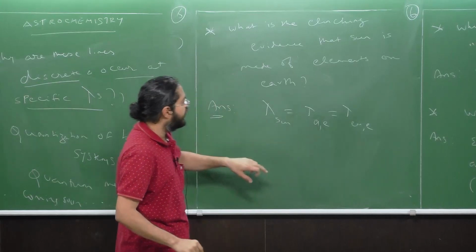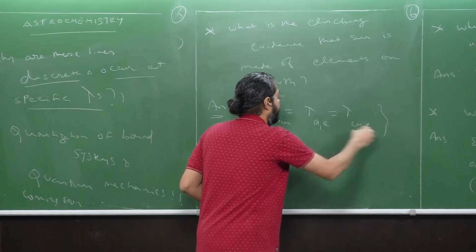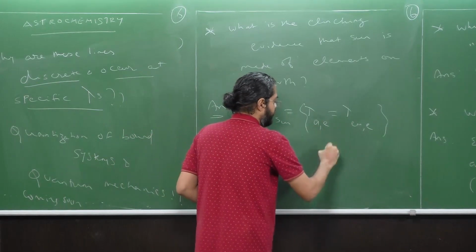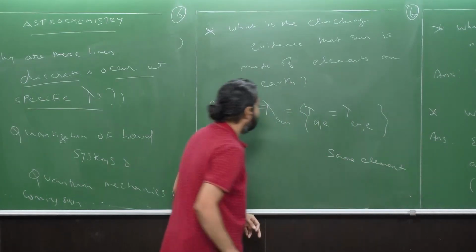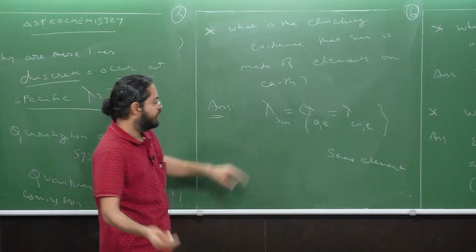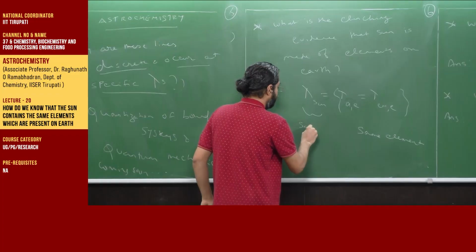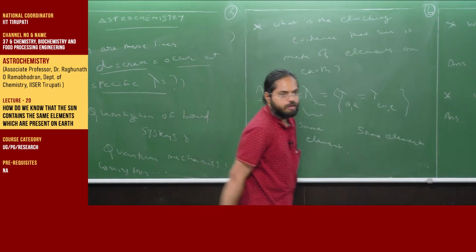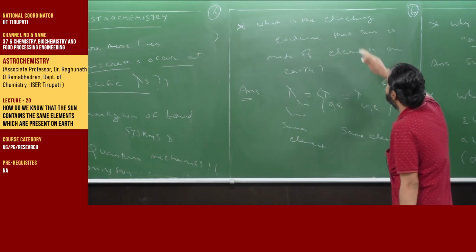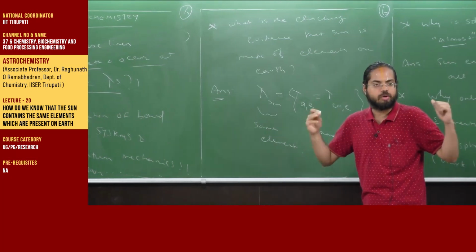So therefore, we know that these are from the same elements. All right. So now we understand that the sun is made up of elements present on Earth.